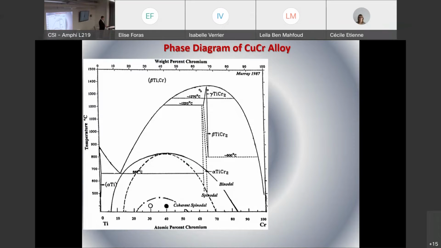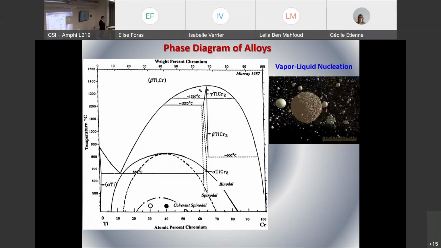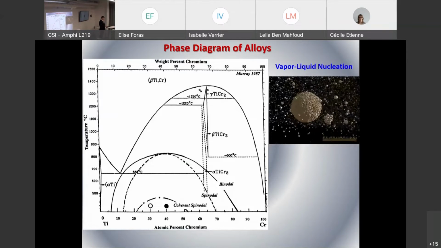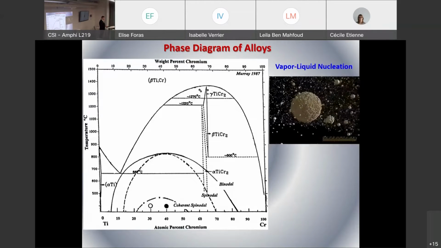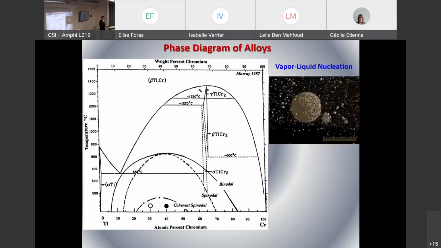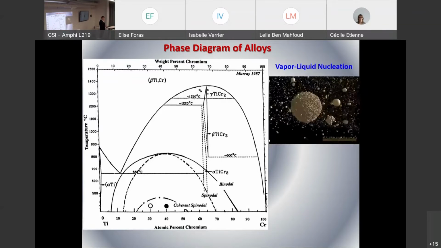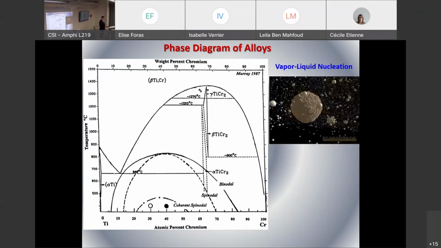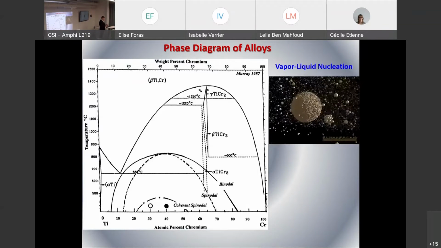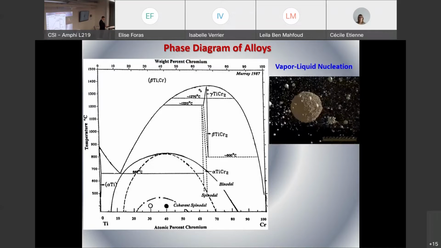For example, this is the phase diagram for a copper-chromium alloy, and it can also have normal phase transitions. For example, this is a condensation of vapor to liquid, which can be described in the continuum as well, and this is the molecular dynamics representation.